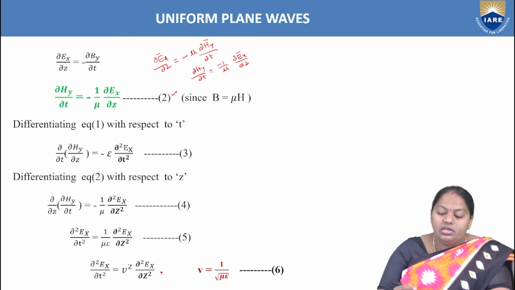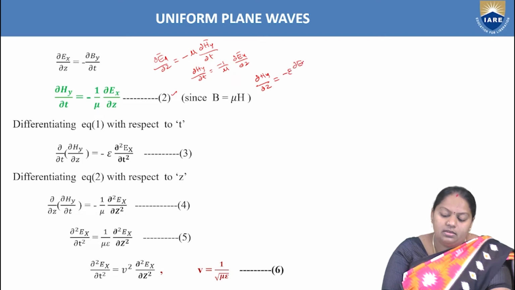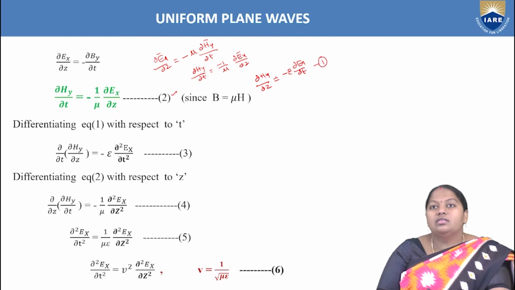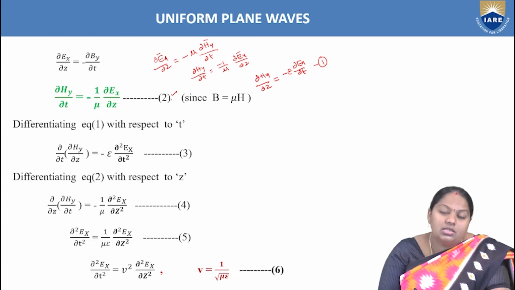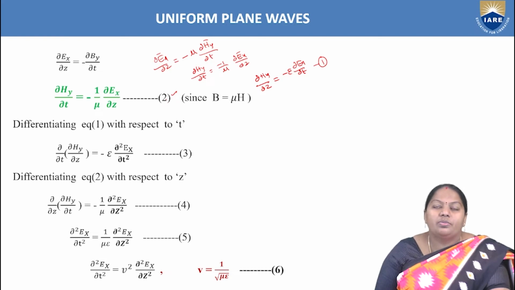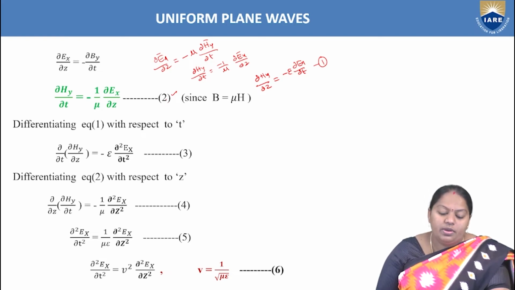And equation number 1 is ∂Hy/∂z equal to minus epsilon into ∂Ex/∂t, which is obtained from the modified form of Ampere's Circuit Law. Equation number 2 is obtained from Faraday's law.